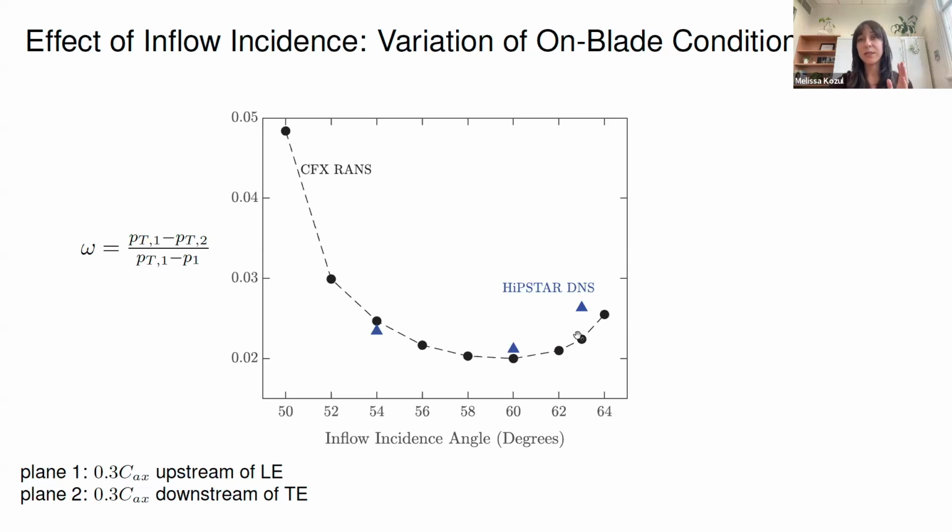Already we start to see the mismatch between the RANS, so the desktop software, where a lot of the turbulence is modeled, and our case, our HipSTAR direct numerical simulation, where all of the turbulence has been solved for. We see a mismatch between the two approaches.